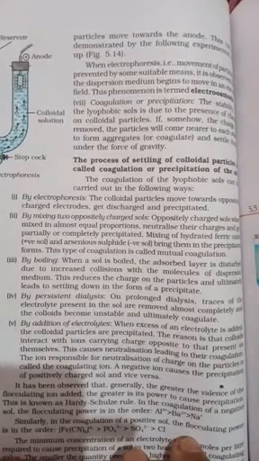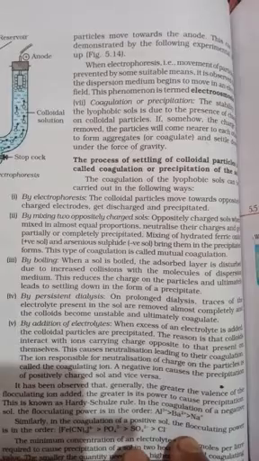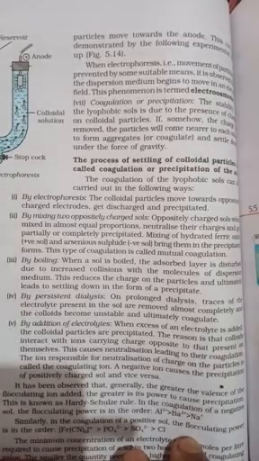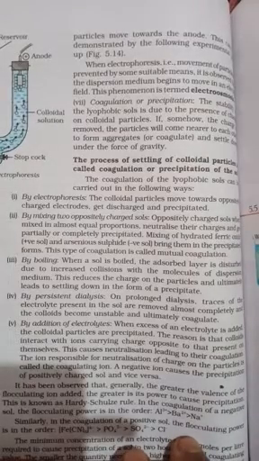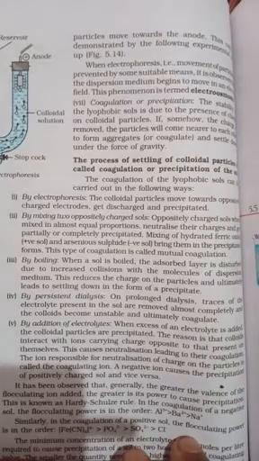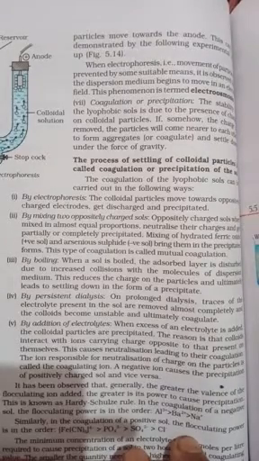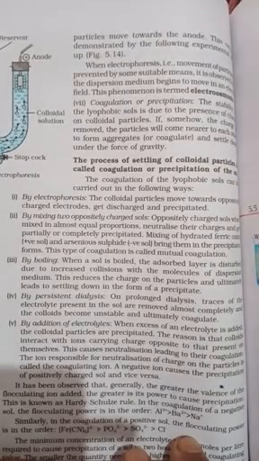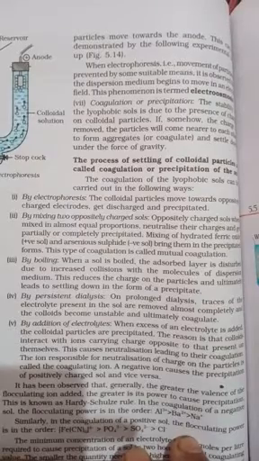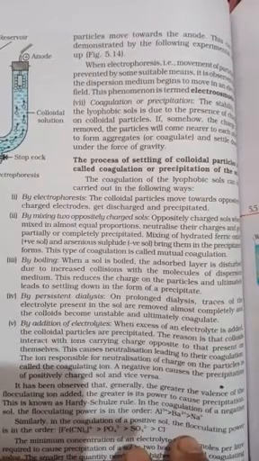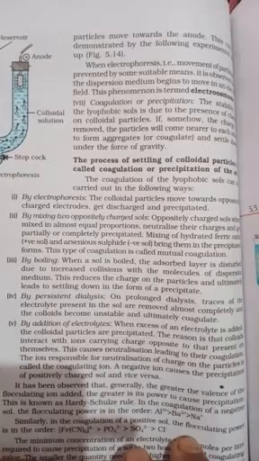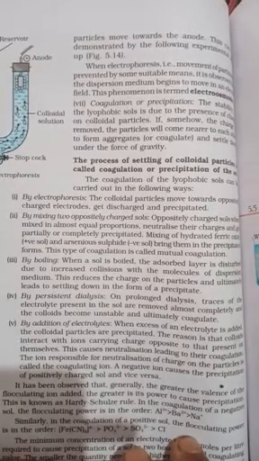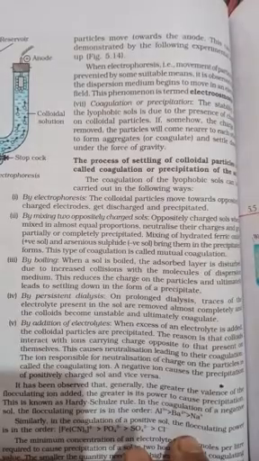Next, by addition of electrolyte. When an excess of an electrolyte is added to the colloidal particles, the colloidal particles start precipitating. This is because the colloidal particles interact with ions carrying charges opposite to those present on themselves. This causes neutralization, which leads to coagulation.